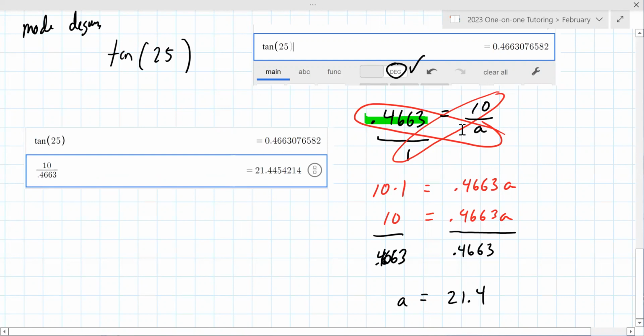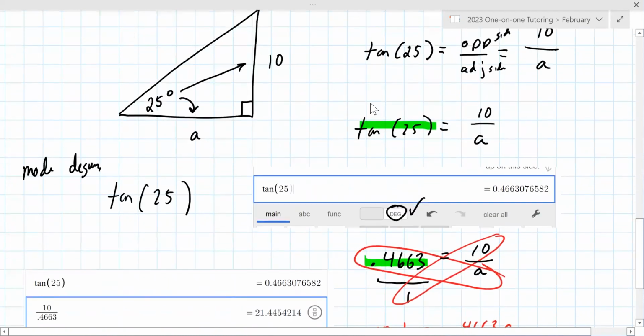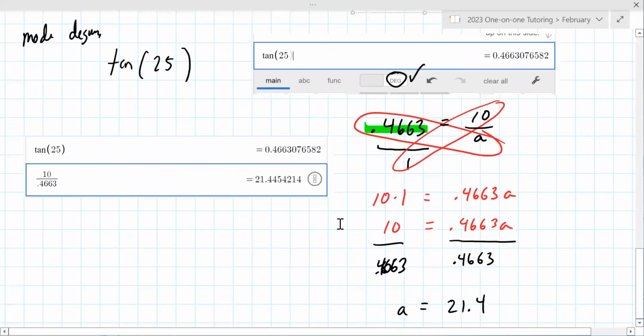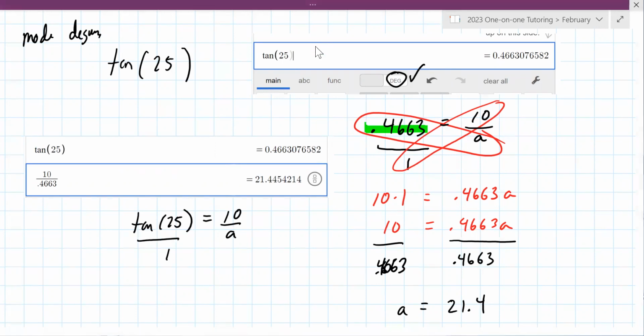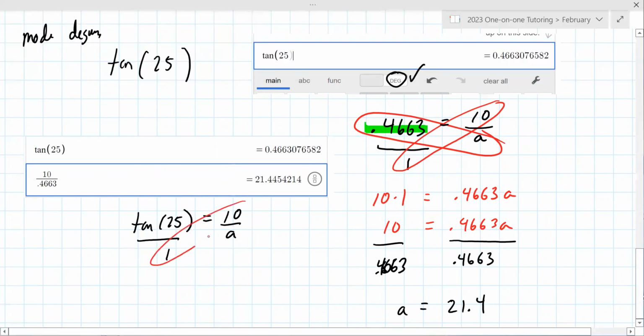Okay, now we're going to do the same problem, but we're not going to calculate the tangent of 25, because I want you to see this. Tangent of 25 equals 10 over A. So we're going to cross multiply again. 10 times 1 is 10.